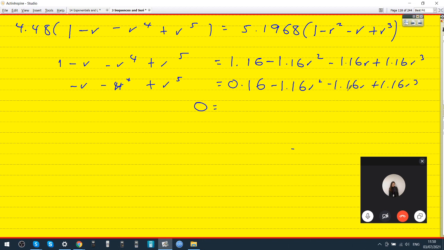So if we add 1r, that's 0.16r. We don't have an r to the 4 over here, so we do now. And we don't have an r to the 5. Yeah, just minus r to the 5, and then everything else stays the same. Alright, how do we solve this?